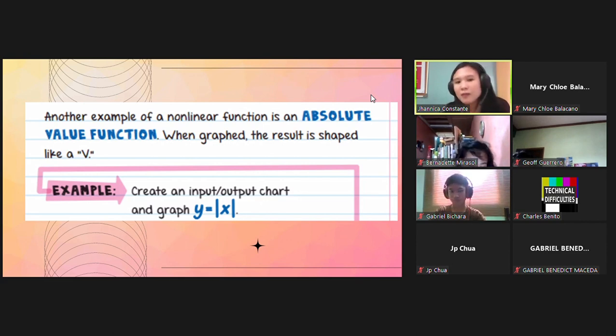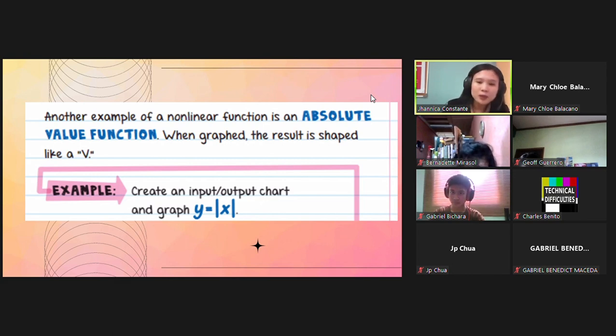So the same as with quadratic function, for us to be able to graph our absolute value function, we need to solve for our output and to determine the coordinates of our absolute value function.